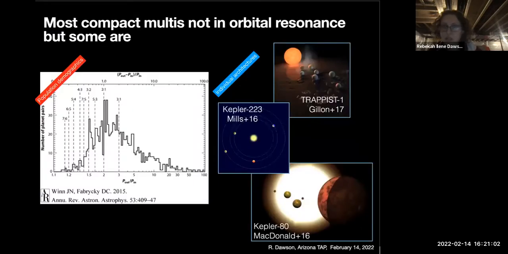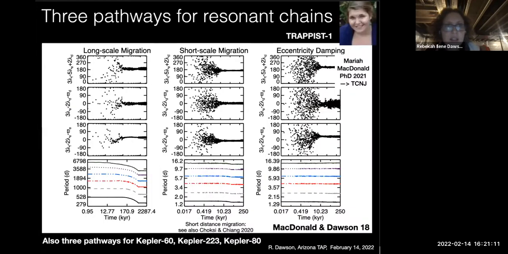One of the first things we did was to look at some of these individual systems and simulate possible orbital histories for them. So this is showing, again, the top plots are the resonant angles that we want to be really tight if they get captured into resonance.